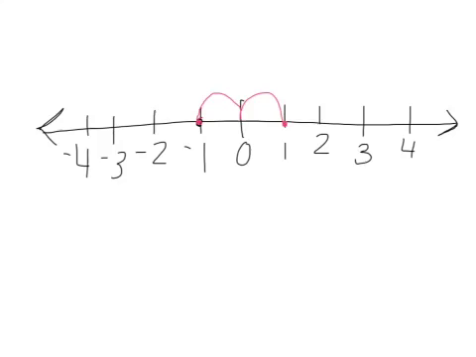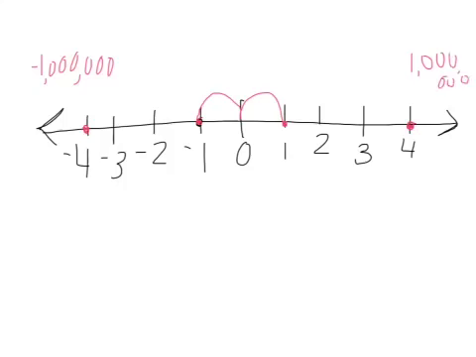So we also know that -4 is the opposite of positive 4. And again, if we kept going on this number line, -1 million is the opposite of positive 1 million.